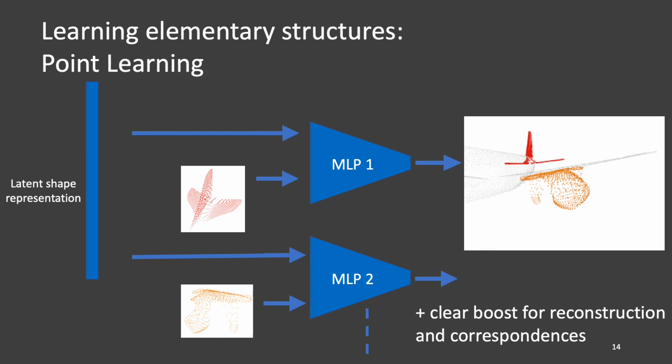Hence, in the best cases, we can see semantic parts appearing, like plane tails or reactors here for the plane category, without any kind of annotation on parts. It's simply done by minimizing an unsupervised reconstruction objective. So beyond interpretable results, learning parts also gives a clear boost for reconstruction and correspondence.